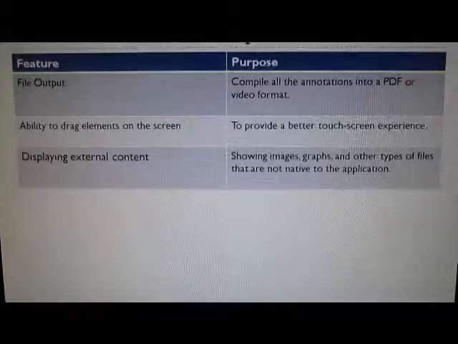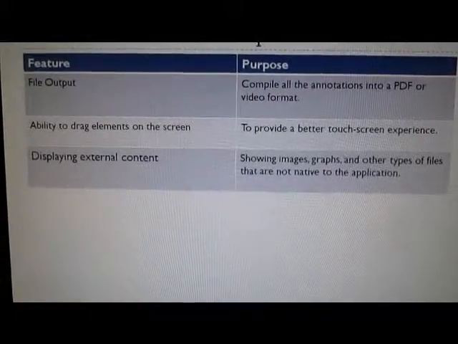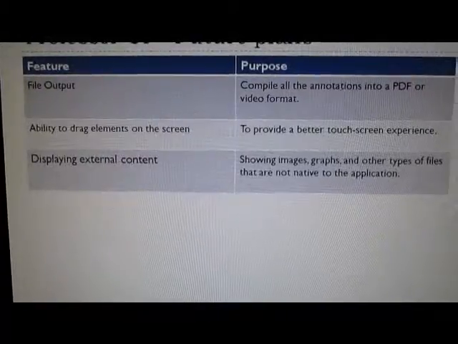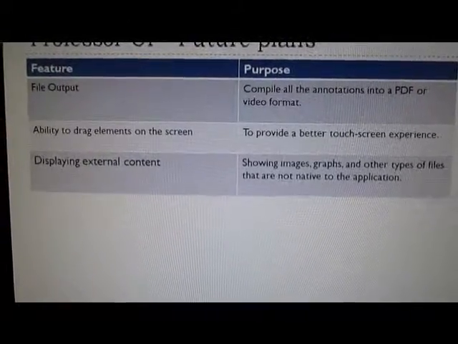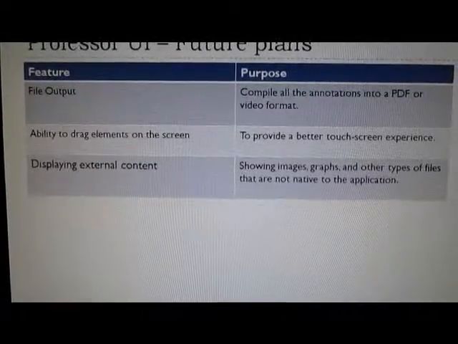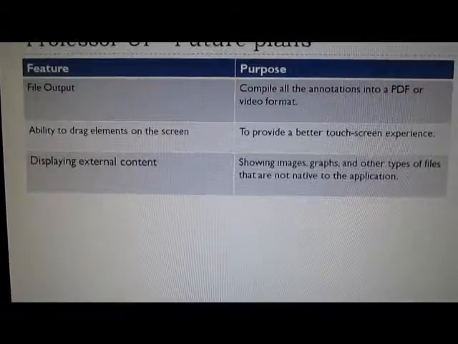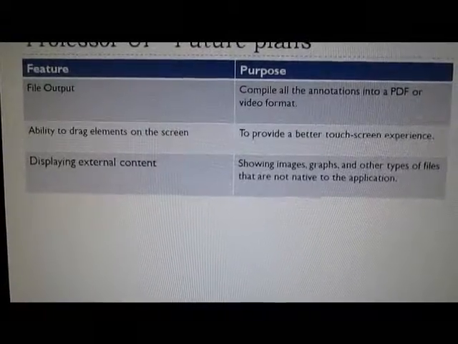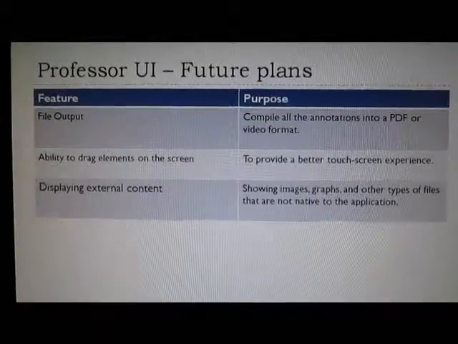So for example, the clicker data, Aaron is working on generating graphs from the clicker information, and we basically just need to find a way to get that image and throw it up on the screen. So that's what we have planned ahead of us.